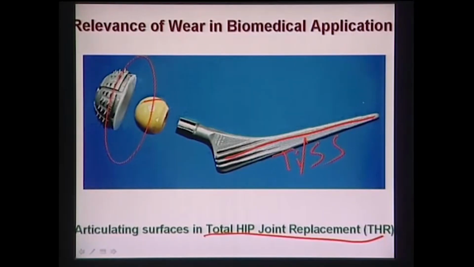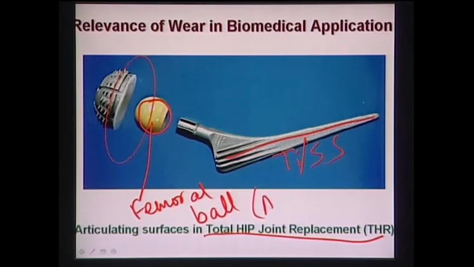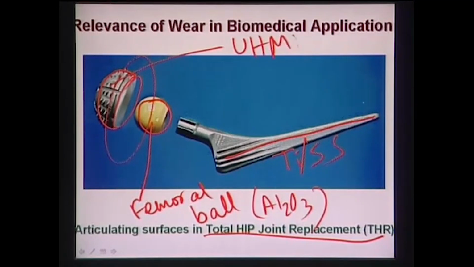Now this is your femoral ball head. This femoral ball can be made up of either metal, stainless steel, or ceramic like alumina or zirconia. And then this is your acetabular cup, which is typically made up of ultra high molecular weight polyethylene, or it can be some ceramic surfaces also.